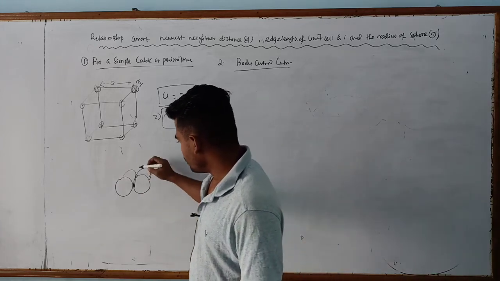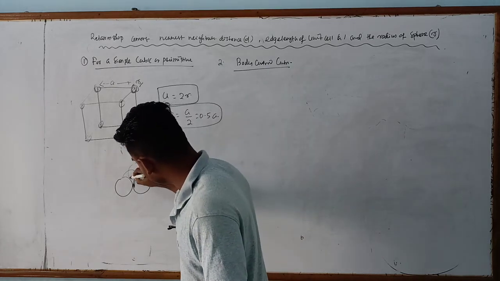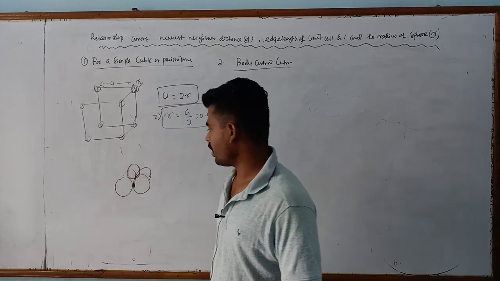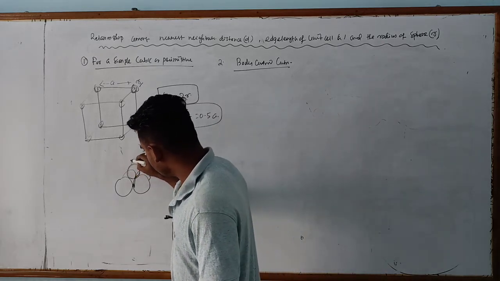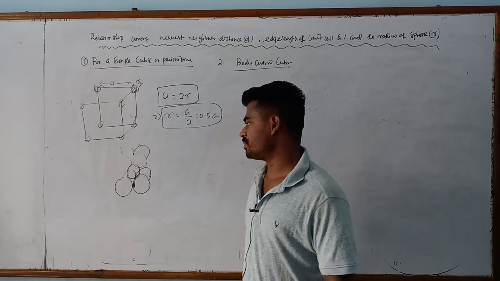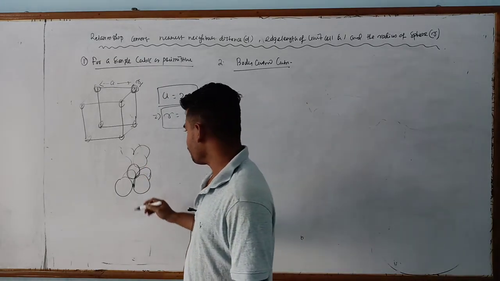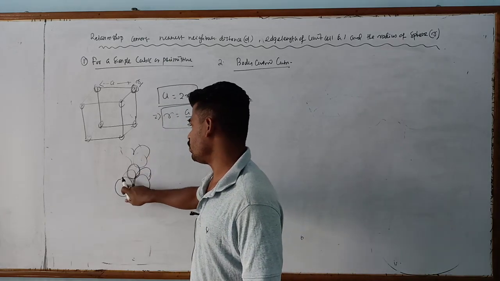If I place a sphere just at the middle, at this depression of the first layer, would you think the second layer's four spheres will touch this sphere? No. Rather, they don't touch each other.